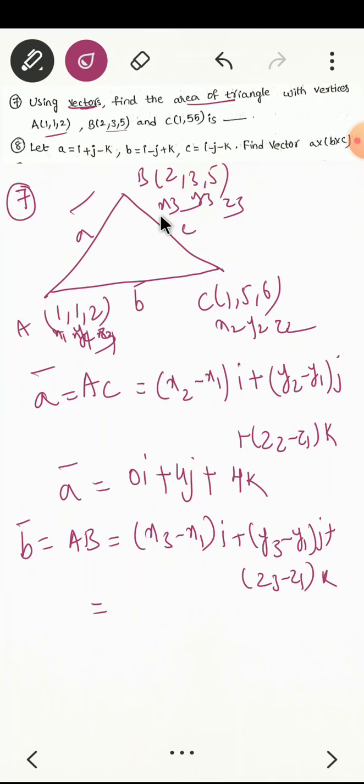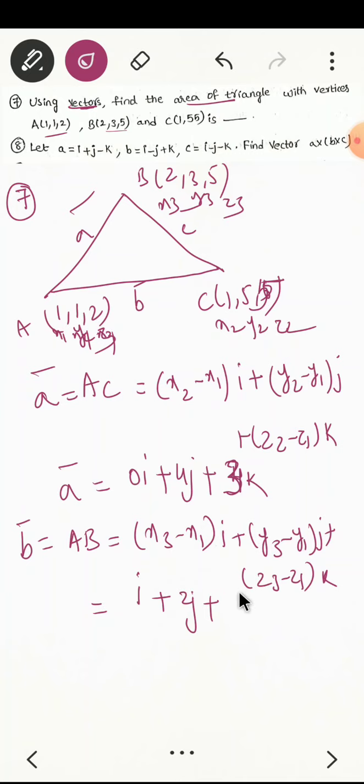Now 2 minus 1 is 1, that is i, plus 3 minus 1 is 2 j. This z is 5, sorry, I have written it incorrectly there, so change that. 5 minus 2 is 3.